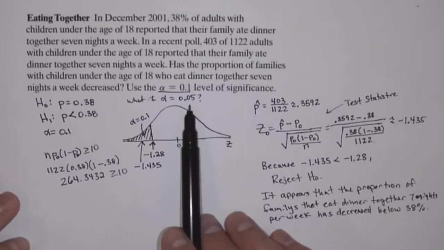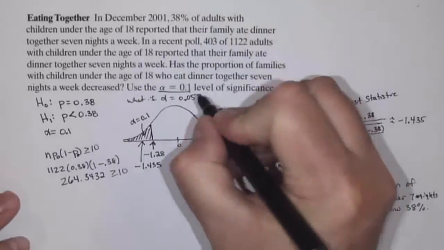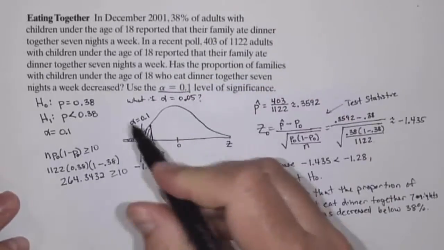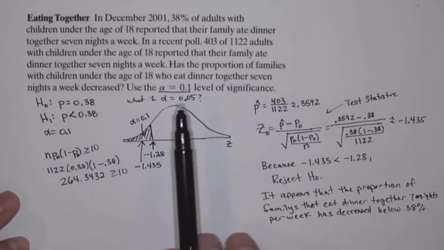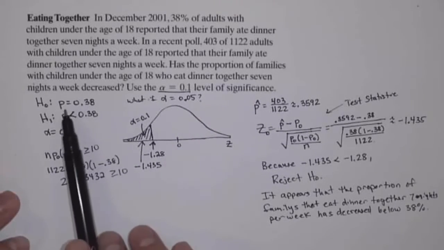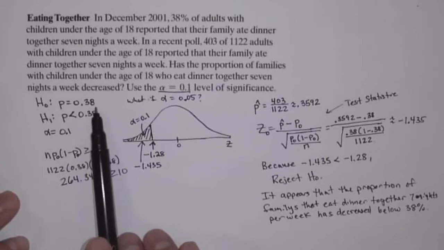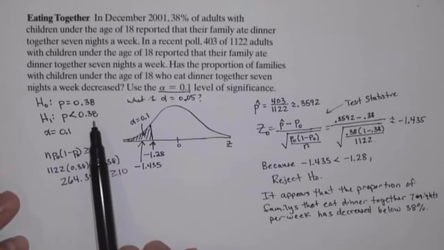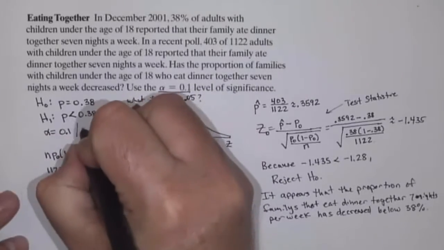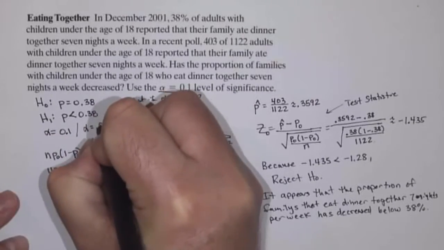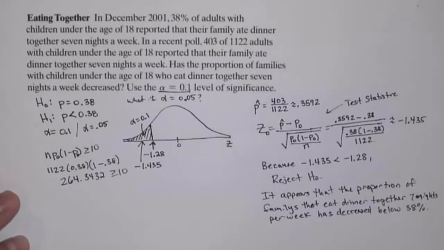Well, if I use alpha equals 0.05, everything in this problem would be the same except this picture. So had we used alpha equals 0.05, the P from the null hypothesis is still going to be 0.38. We're still using less than for the alternative hypothesis. The only thing that would differ is I would be using alpha equals 0.05 instead of 0.1.